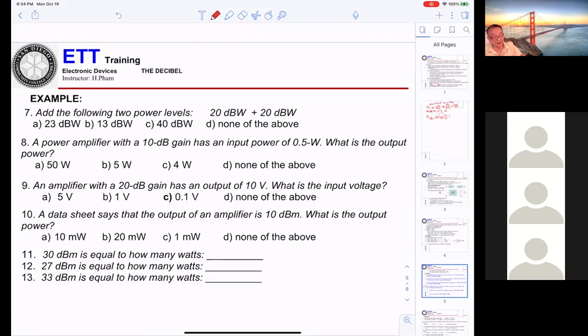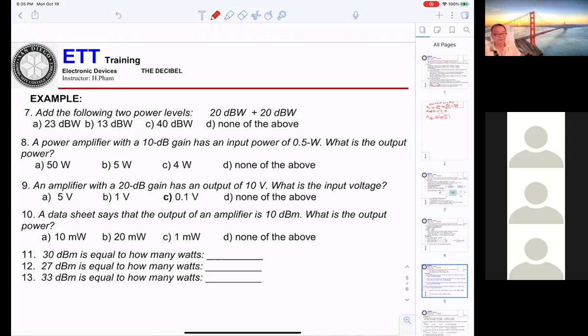And also you cannot add dB volt to dB volt. So in order to do it, you must convert dB watt to watt or milliwatt. Then you can add. And after you add, you have to convert it back into dB watt.